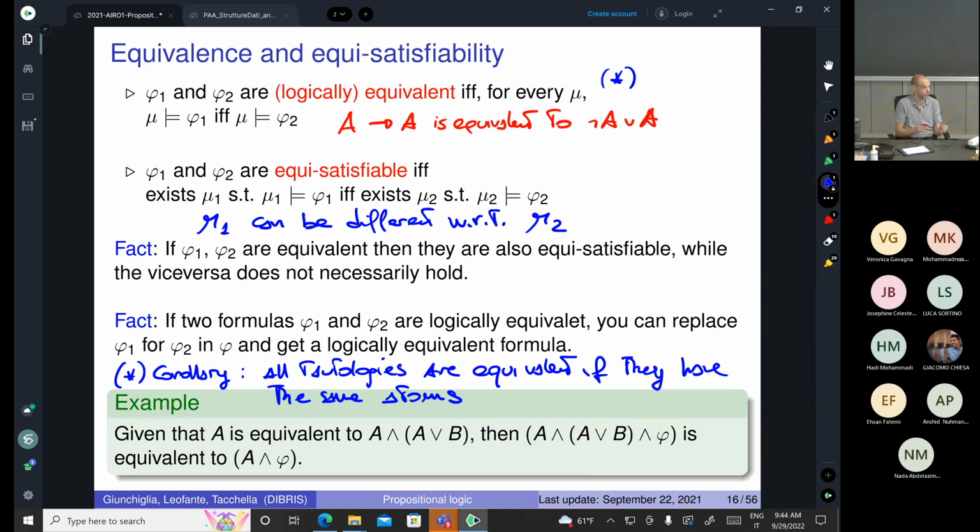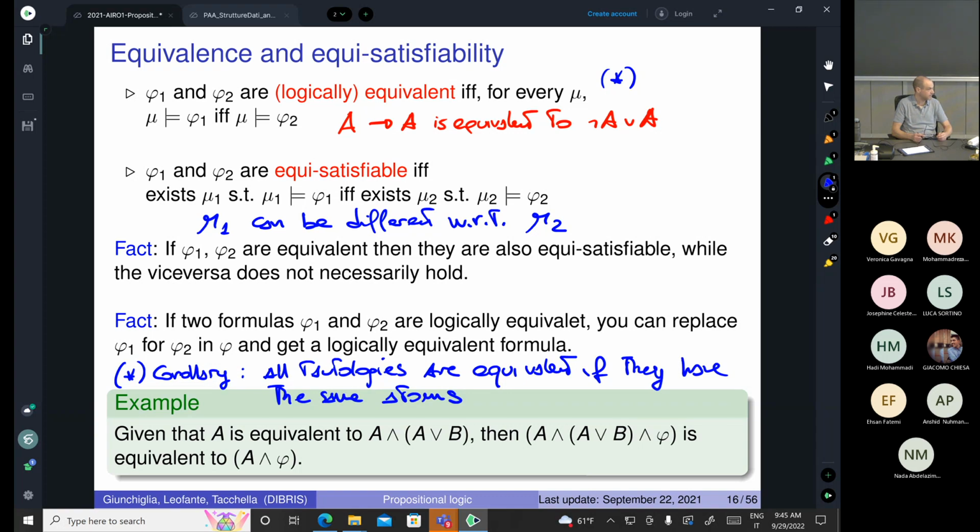So it should go both ways. But of course, they are not equivalent by definition because they should be on the same sets of variables, okay? So equivalence implies equisatisfiability, but not the other way around.